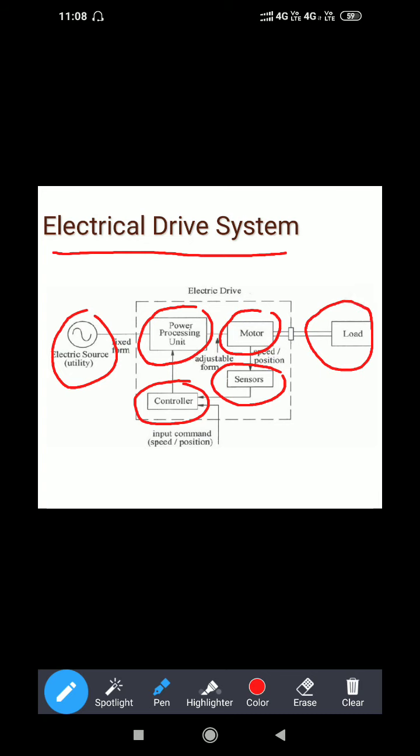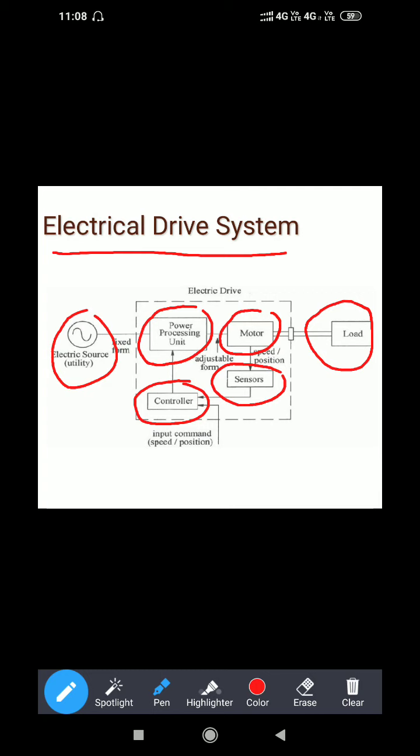This load may be an electric car, electric train, electric bike, or elevator. So this kind of load uses this electrical drive. We'll see how this electrical drive system works.